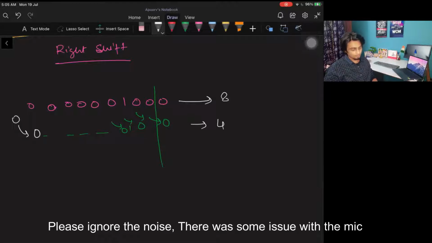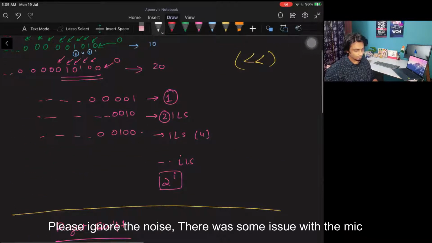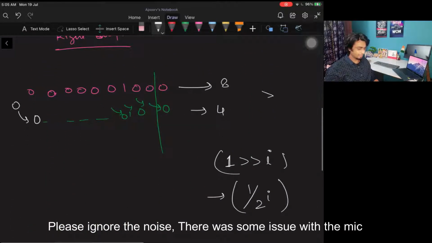So basically if you have 1 and you are doing a left shift I times, the number is getting multiplied by 2 to the power I. And in the right shift, if you are doing a right shift for I times, the number is getting divided by 2 to the power I. Yeah, this is the symbol for right shift. It's pretty much clear, right? It's very straightforward.